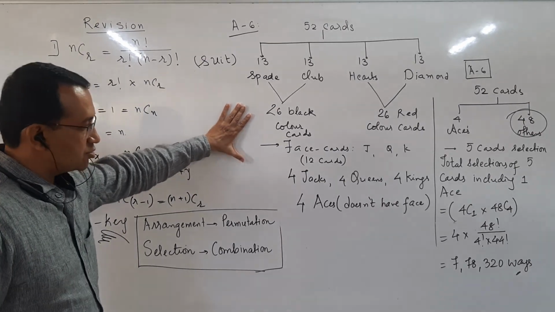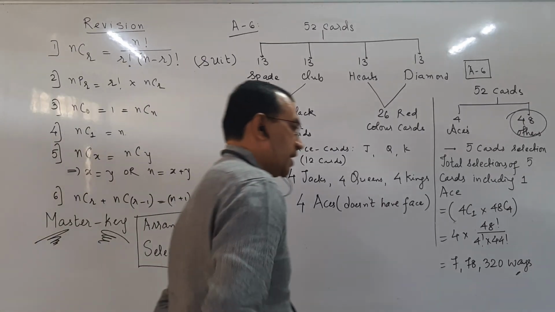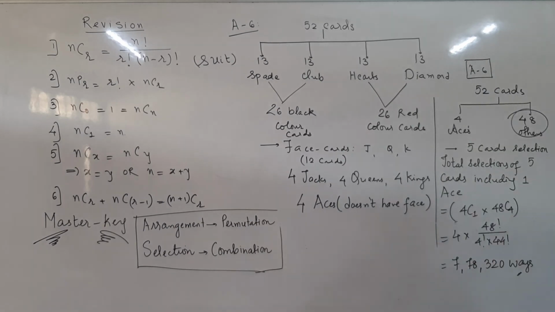That is why, students, I have emphasized on these details of playing cards. You need not be gambler Baba in order to understand this. So students, here we conclude the lecture.